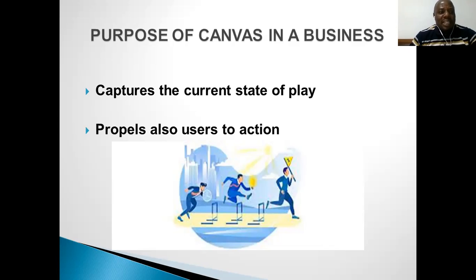It captures the current state of play in the known market space, which allows users to clearly see the factors that an industry competes on and invests in. Then it propels users to action by orienting their focus from the competitors to alternatives and from customers to non-customers of the industry.